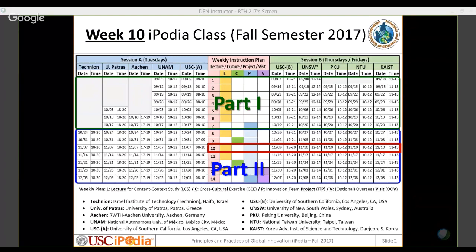The schedule is quite tough. On the Monday of that week, after we receive the students visiting the USC campus, I have to fly to Washington, D.C., on the red-eye flight in the evening. The next morning, I have to present how we use the iPodia course to help the National Academy of Engineering prepare future engineers for different kinds of competence.